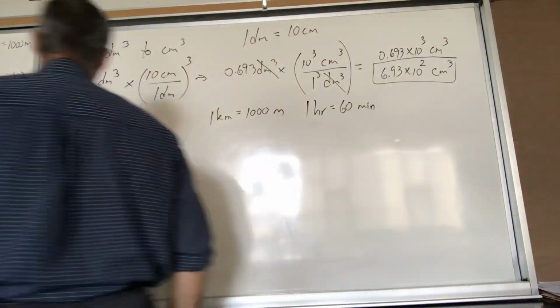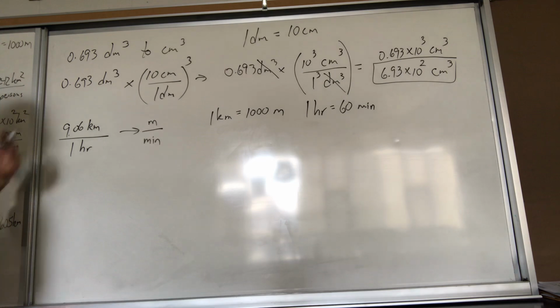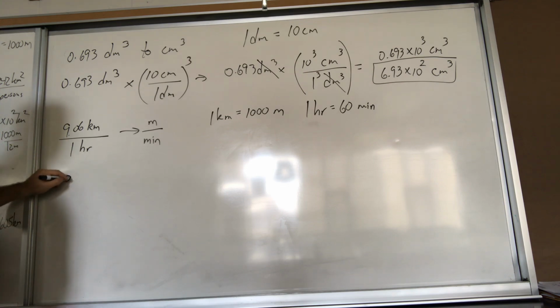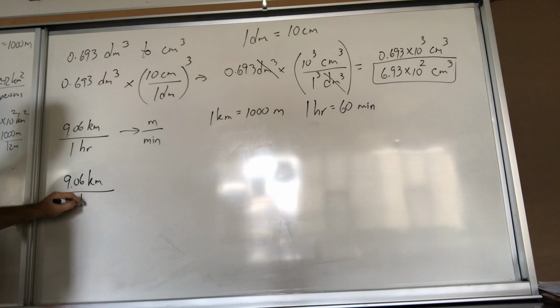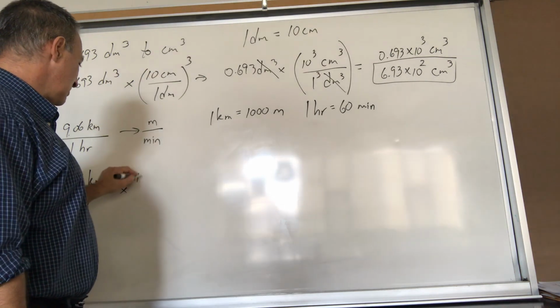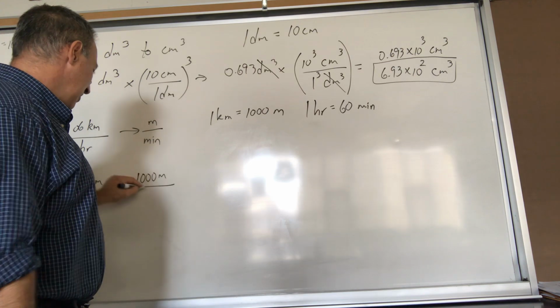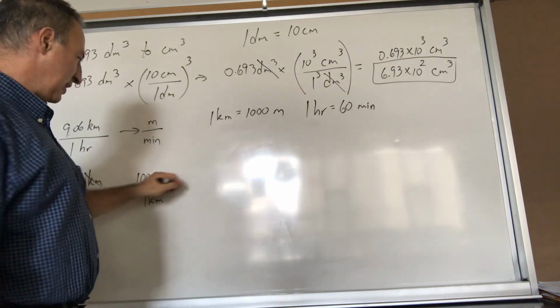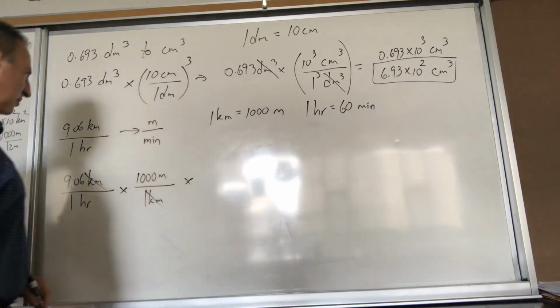Okay, so we'll do 1 unit at a time. We'll attack the kilometers first, and don't worry about the other one. So we're going to say 9.06 kilometers per every 1 hour, and I want to get rid of kilometers, so I know there's 1,000 meters in a kilometer. That crosses out kilometers. Don't even worry about the numbers right now. We're going to continue getting rid of units that we don't want.